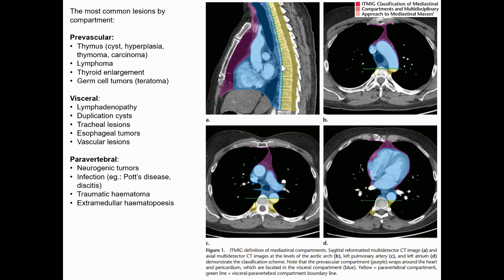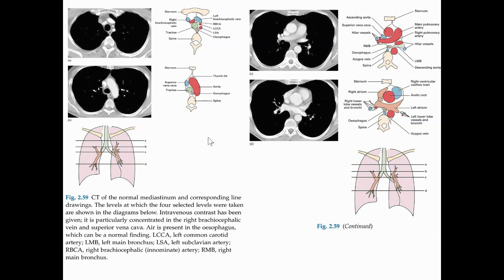And as you can imagine, the trachea, the esophagus, the heart, the great vessels reside in this area, and thus lymphadenopathies, tracheal lesions, esophageal tumors, vascular lesions are the most common. However, some interesting cysts might also reside in this area. And then the yellow area is the paravertebral, where hematomas and neurogenic tumors might reside.